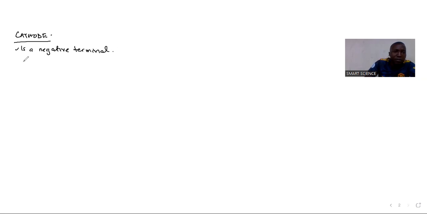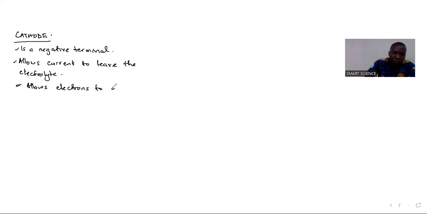In simple terms, it allows current to leave the electrolyte and allows electrons to enter the electrolyte.